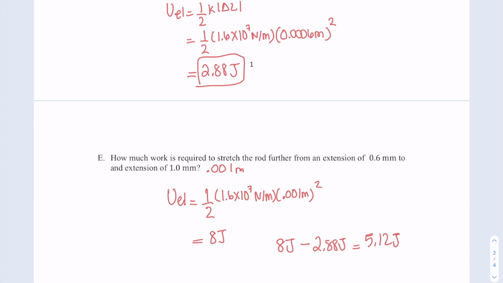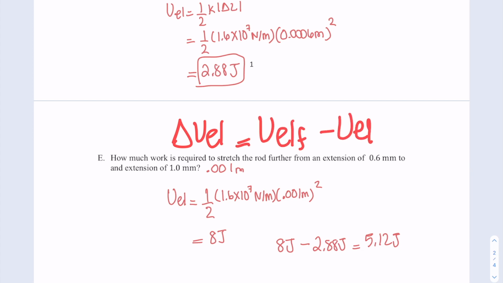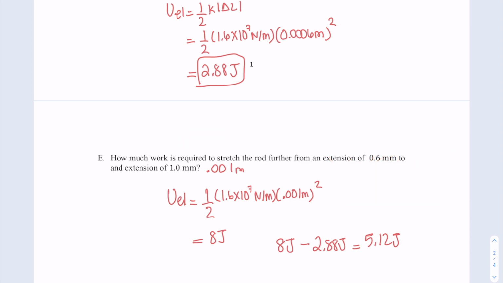Yep, you can do that as well. Absolutely. Because that would be saying delta UEL, UELF minus UELI, right? And then you can just take half K times the quantity LF minus LI, and square that. Yep, you can do the same thing.